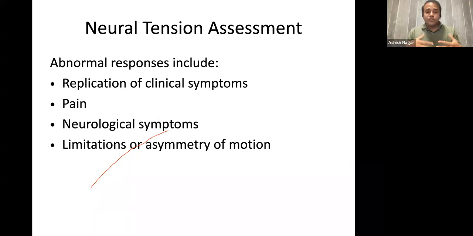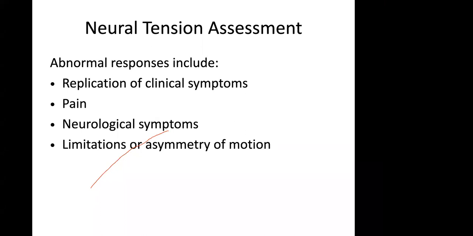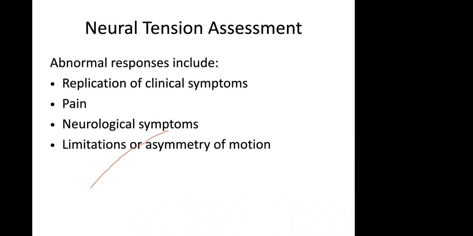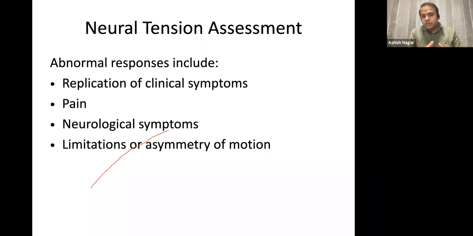Sometimes if you apply too much force, you might end up giving more pain to the patient, or aggravating the overall clinical picture, and the patient is not going to come back to you. So that was about reproduction of the neurological symptoms.